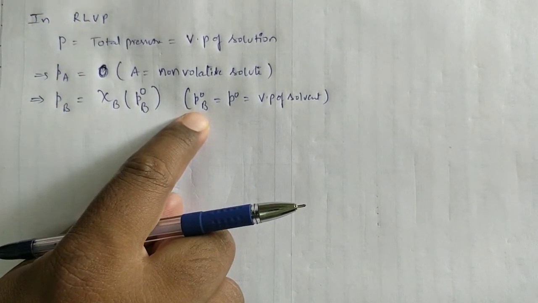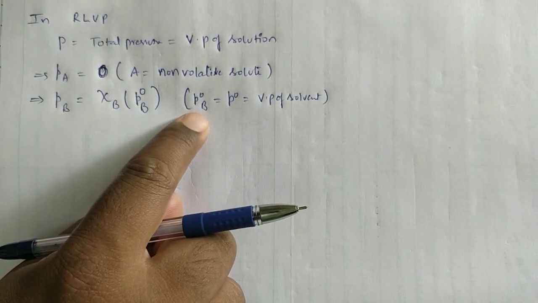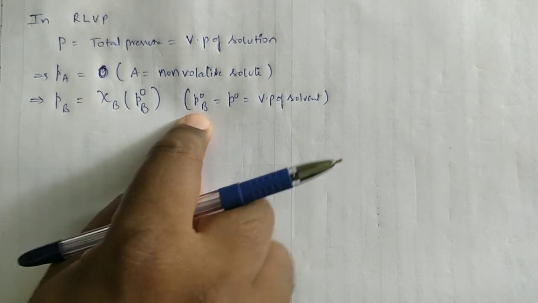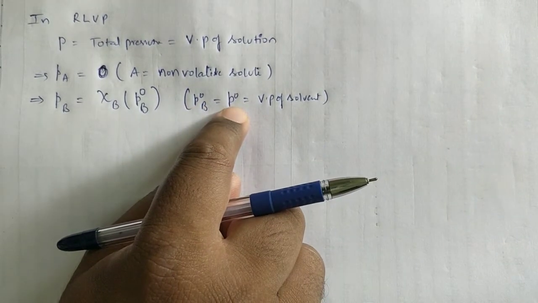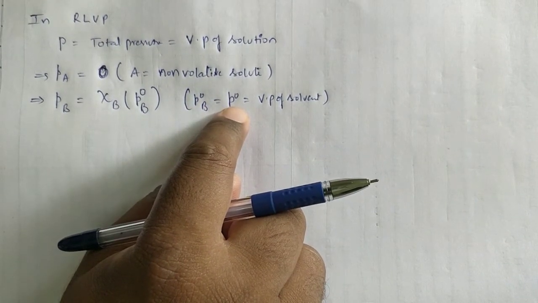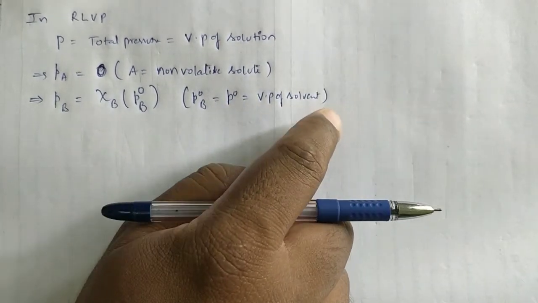In ideal solutions it is P naught of B. In solid liquid solutions, dilute solutions, this P naught is equal to vapor pressure of solvent.